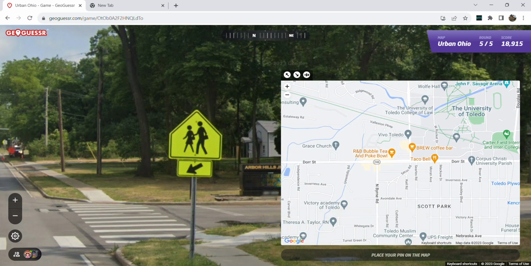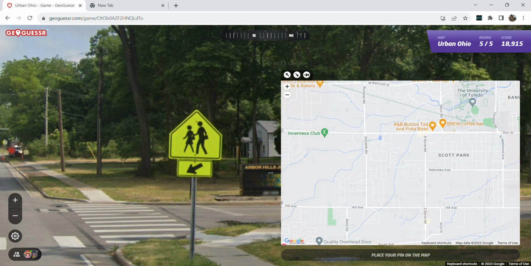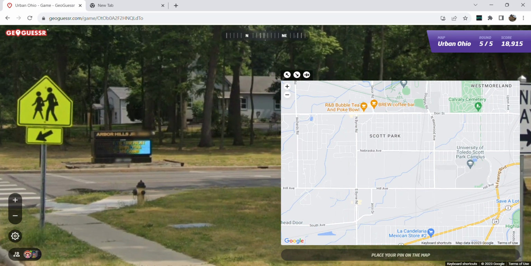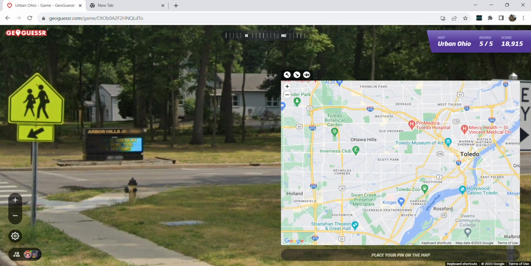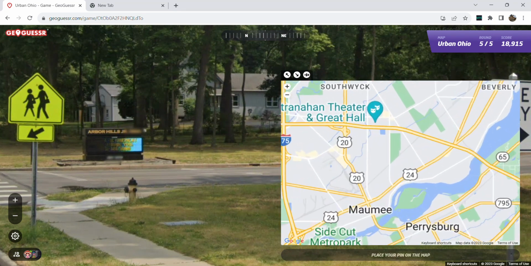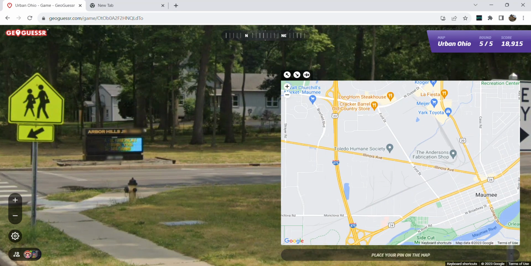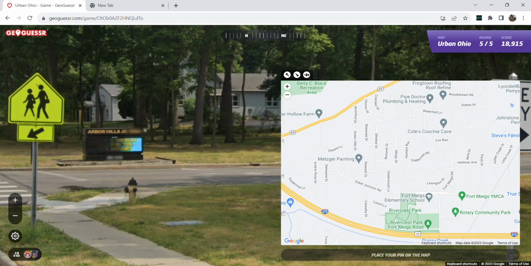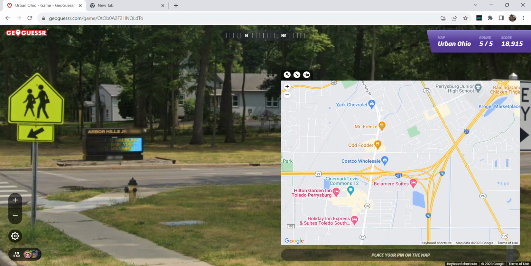That's near University of Toledo, though. Where is this middle school? Arbor Hills Junior High. Is Arbor Hills a neighborhood of Toledo? I should know.